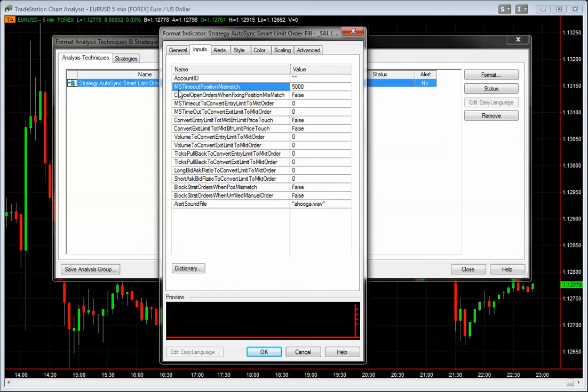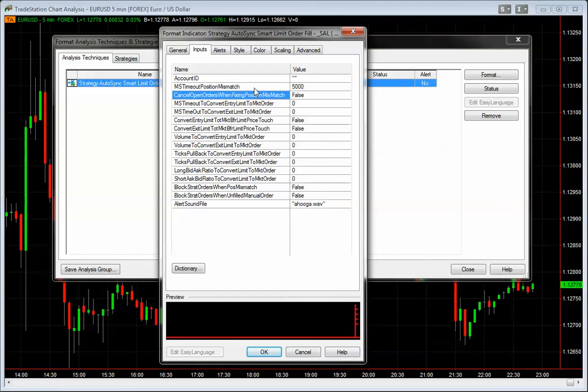Next input is the milliseconds timeout position mismatch. This indicator and the companion strategy detect when the strategy thinks that the position is one thing when in fact the actual position is something else. For example, the strategy may think you're long 5 contracts when in fact the position is flat.